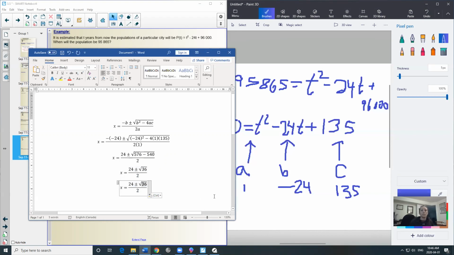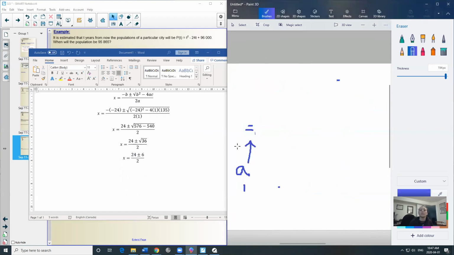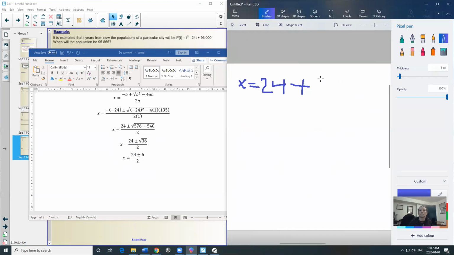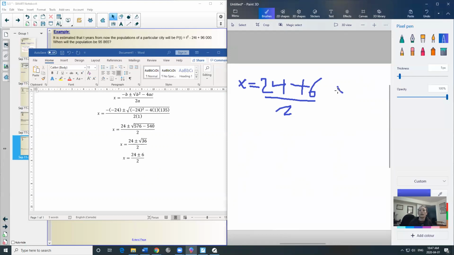We know the square root of 36 is 6. Now you're going to have 2 answers, 24 plus or minus 6. So x equals 24 plus 6 over 2, or x equals 24 minus 6 over 2. 24 plus 6 is 30, and 30 divided by 2 is 15.